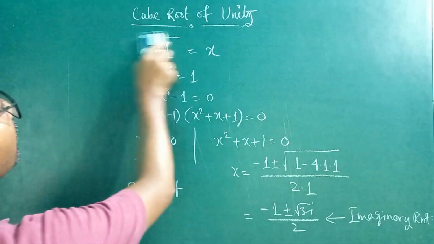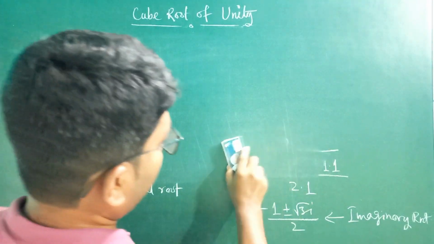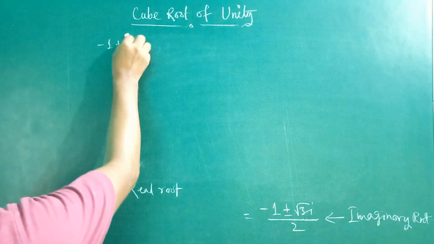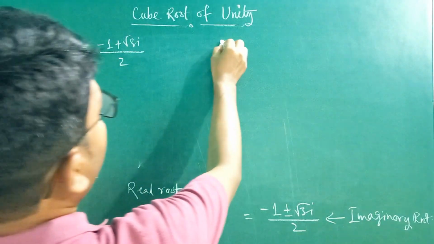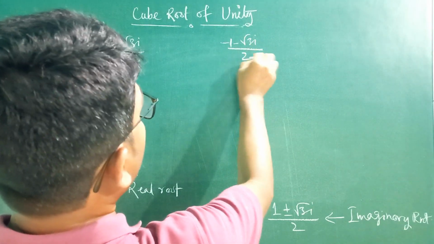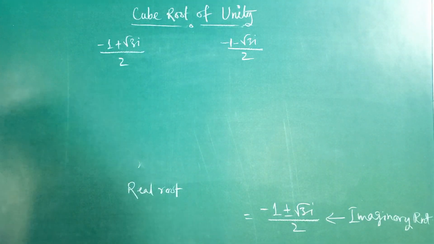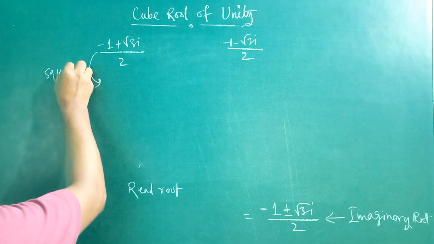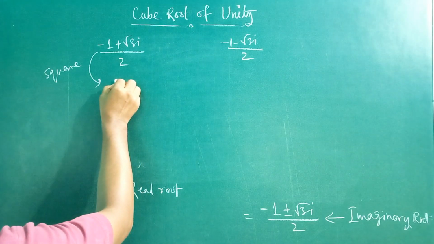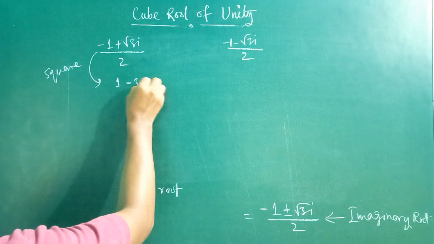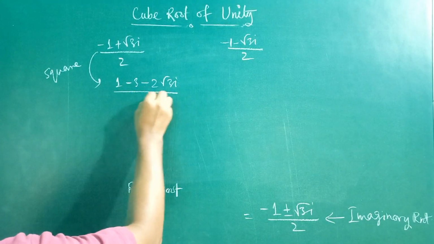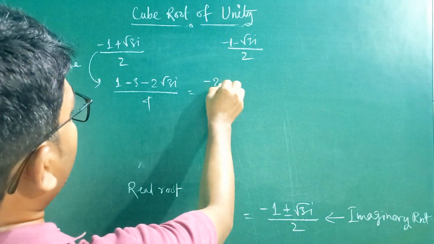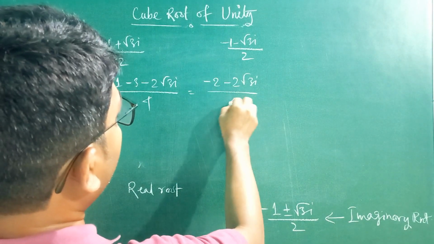Now if we write these roots as minus 1 plus root 3 i by 2 and minus 1 minus root 3 i by 2, and if you square one of them, then what do you get here? 1 minus 3 minus 2 root 3 i by 4, and that is minus 2 minus 2 root 3 i by 4.